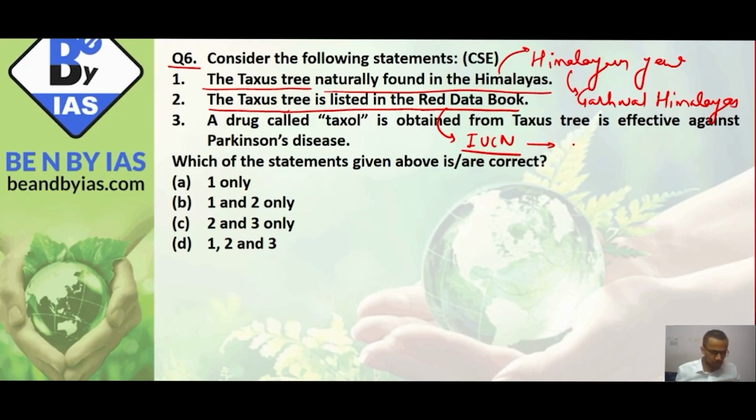Fine. So in this IUCN's Red Data Book, yes, the Taxus tree is there. It is mentioned in the endangered category of the Red Data Book. And what is leading to the endangerment of this particular tree species? It is overexploitation.